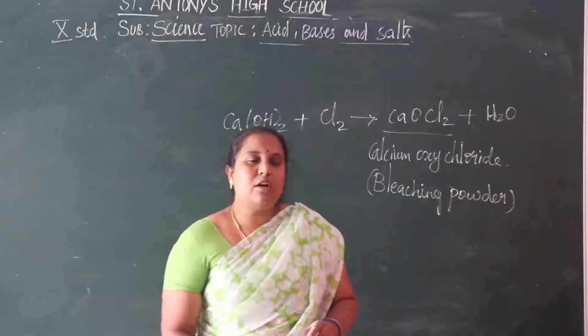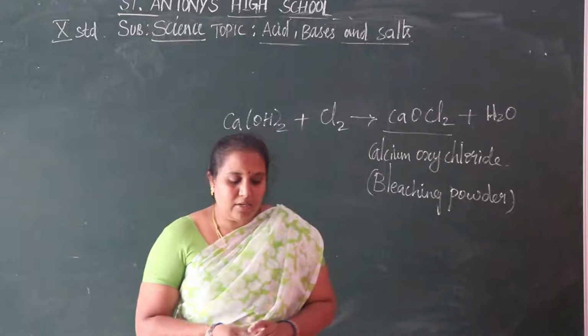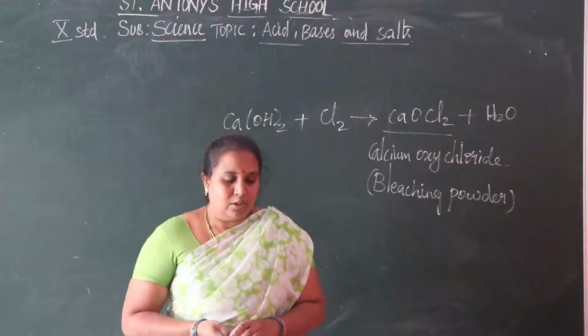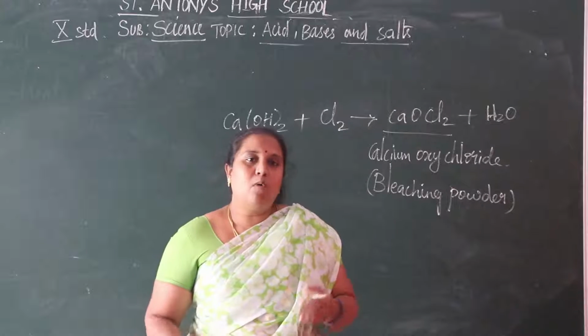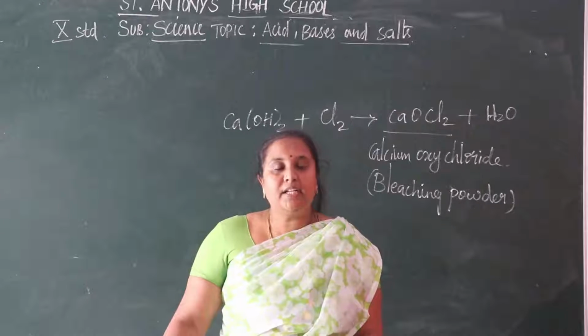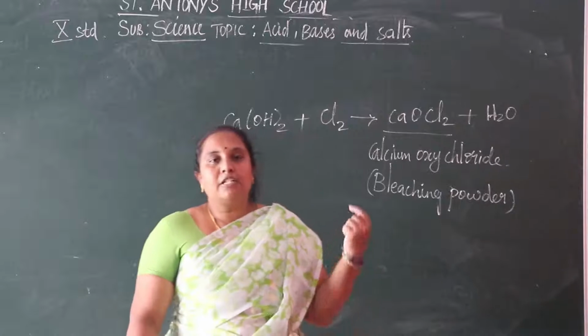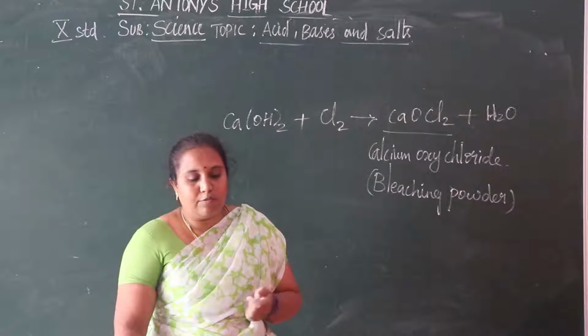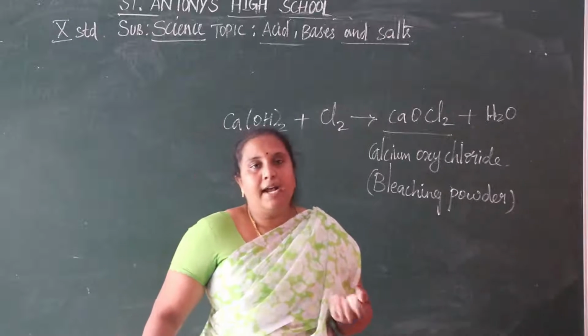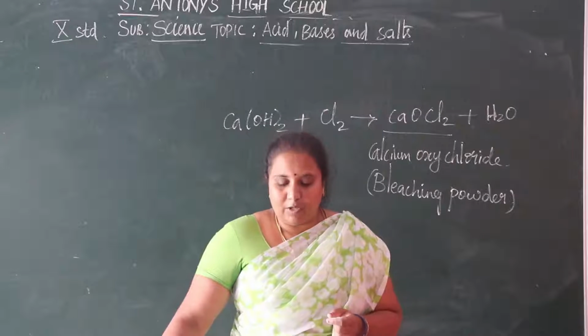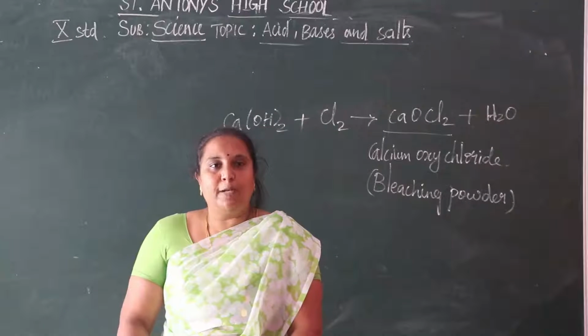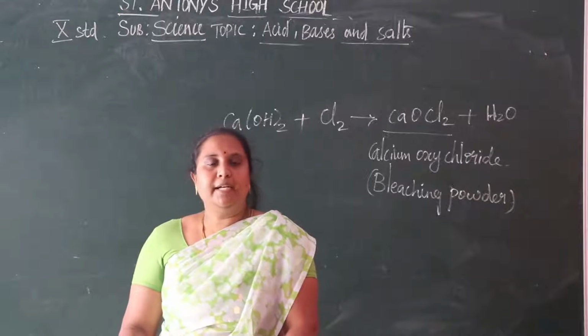Then uses of bleaching powder. Bleaching powder is used as a disinfectant to clean water, in moss removers and weed killers, etc. Calcium oxychloride is also used for bleaching of cotton in textile industries, and for bleaching of wood pulp in the paper industry.